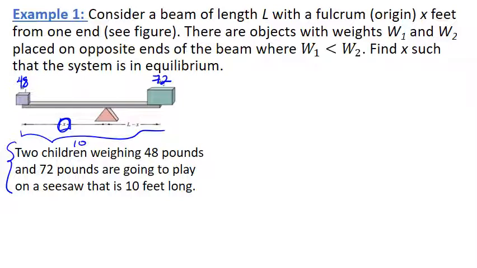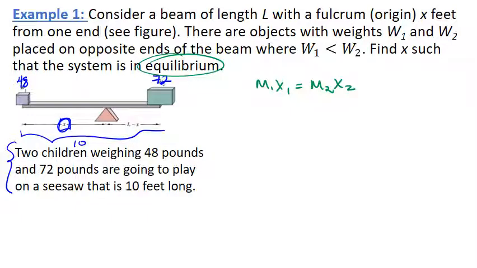Do not confuse a box with a child. They are very different things. So if we want to identify when we are in equilibrium, as indicated on the previous slide, we want M1 x1 to equal M2 x2.